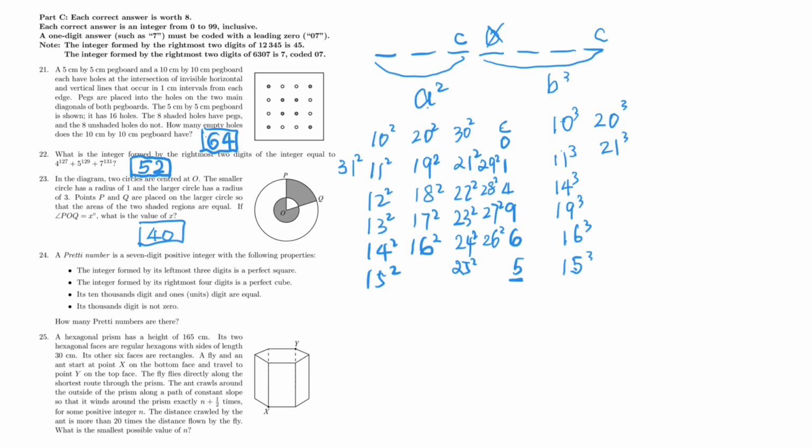So we list all the A squares, the 3-digit numbers, and the B cubes, the 4-digit numbers, here.